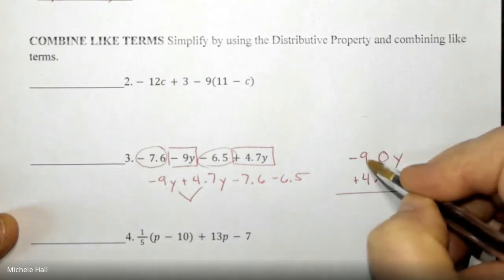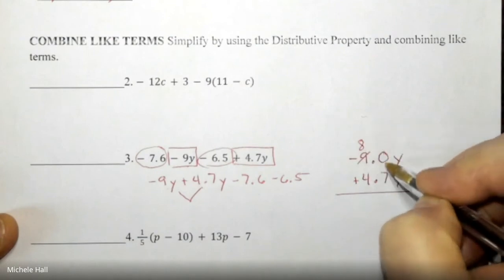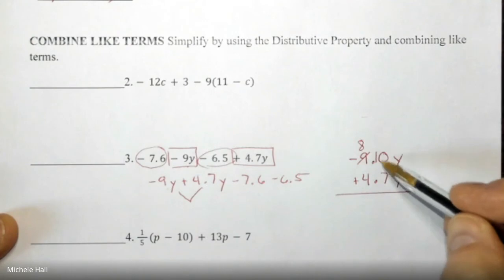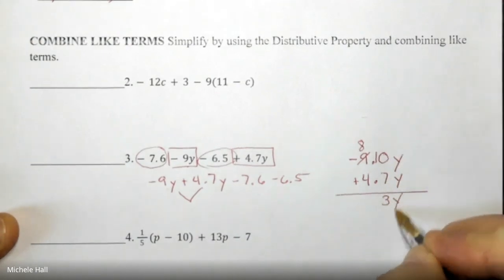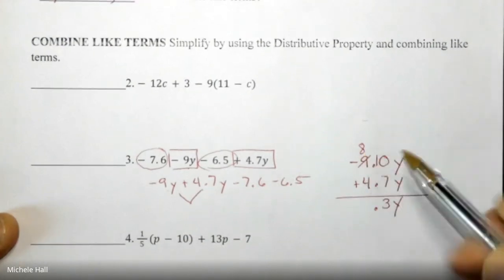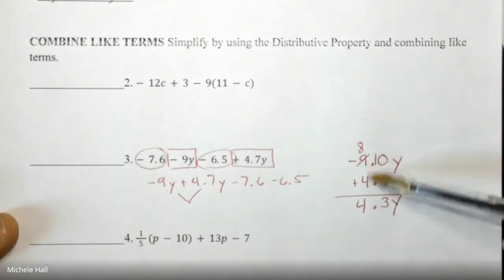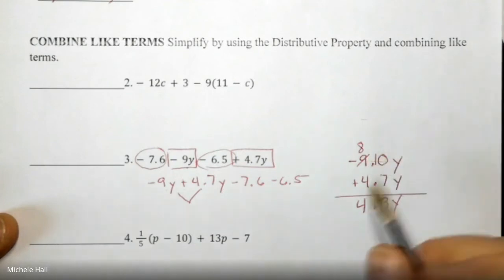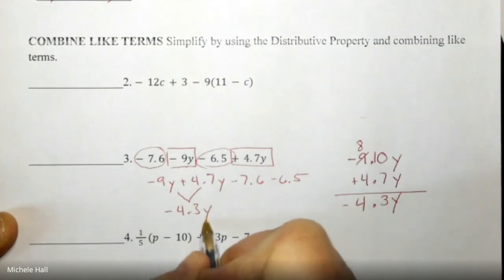So I'm going to borrow from the 9, and I'm going to bring over 10 and add it to 0, which would be 10. All right, I can do 10 subtracting 7. I'm going to bring down my y term. I'm going to bring down my decimal, and now I have 8 subtracting 4. When it's different signs, I subtract and take the sign from the larger number. This is going to be negative. Negative 4 and 3/10 y.